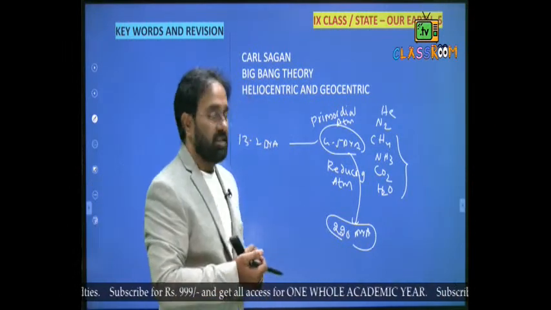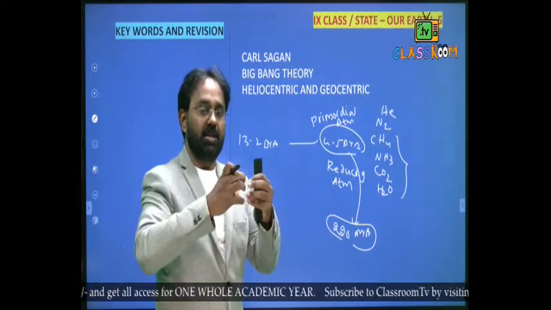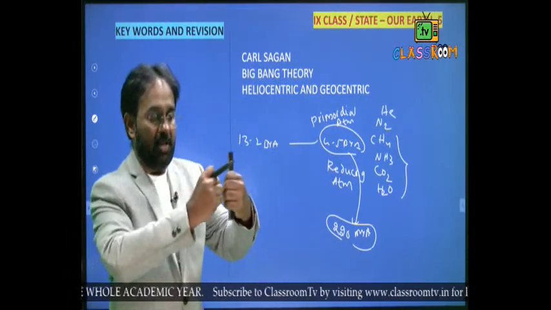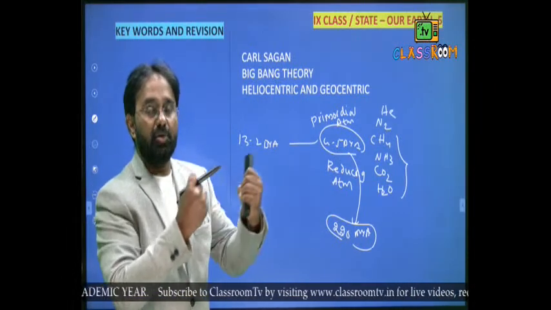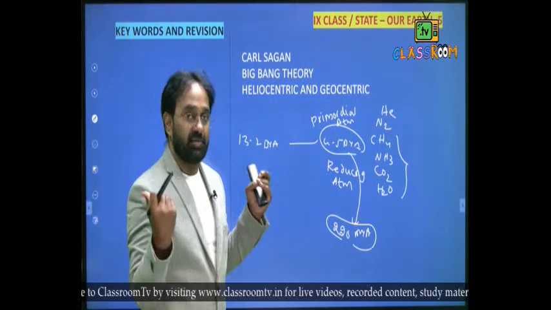During this period, the earth started slowly unwinding, slowly breaking up into different parts. This is called the continental drift theory.